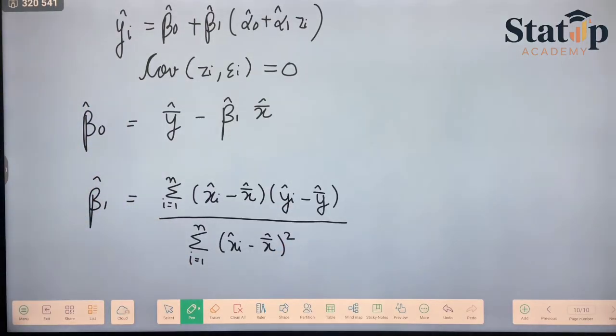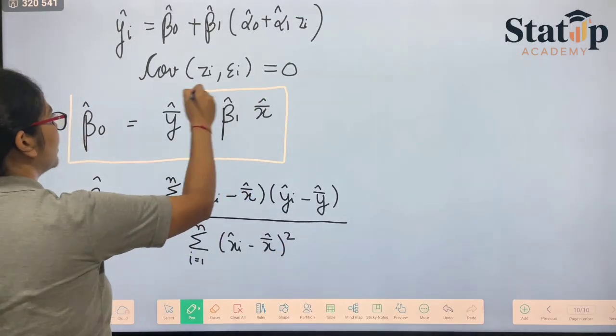This will be our final predicted values of the estimators.